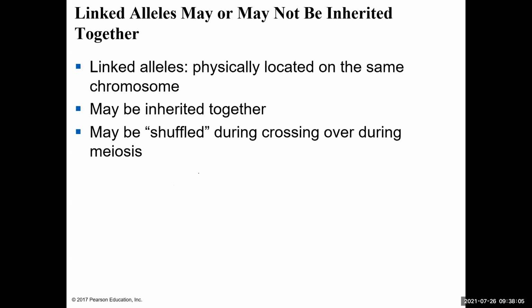And we said that if you have the dominant allele for free earlobes, it doesn't mean you're getting the widow's peak. However, if they are on the same chromosome, so let's say you have your earlobe gene and your hairline gene on the same chromosome, then they do carry with one another.